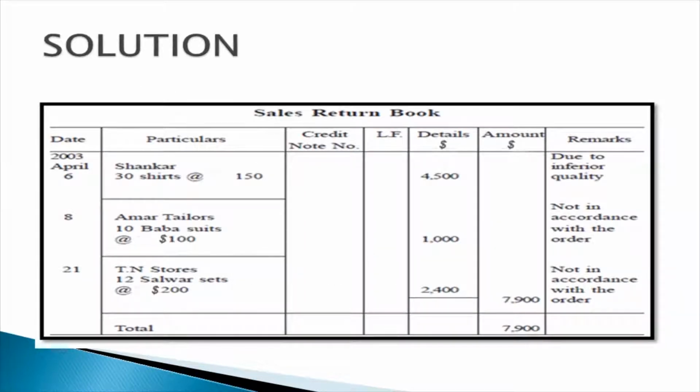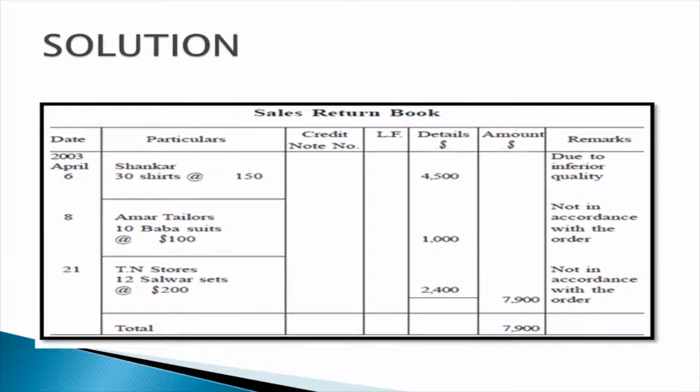Very first transaction took place on 6th of April, so in date column we will mention 6th of April 2003. We will write Shankar and 30 shirts at $150, so the details becomes $4,500. Next is 8th April, Amar Tailors, 10 Baba suits at $100 each, so the total becomes $1,000.